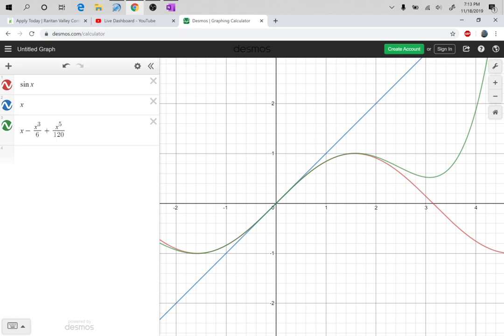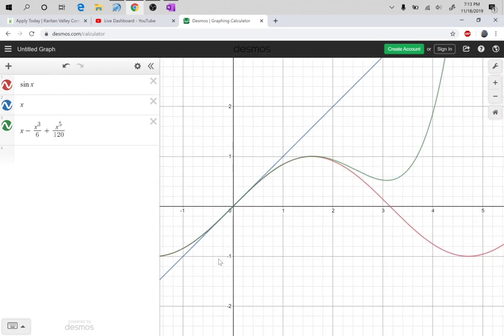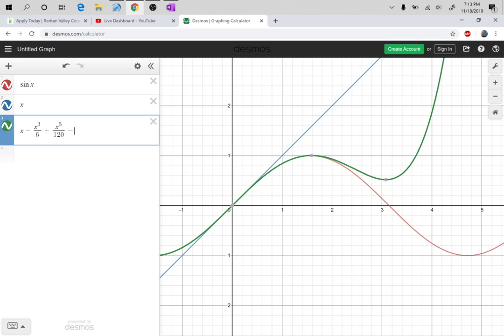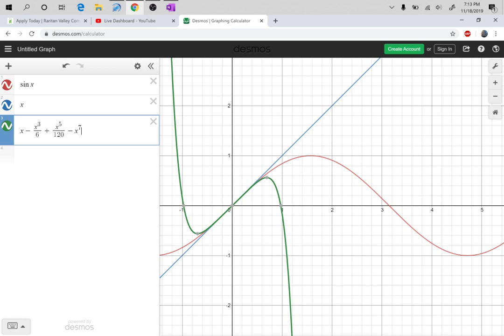I only used 3 terms, and I pretty much mapped the entire first quadrant from 0 to 90. Right? The 2 lines are almost on top of each other everywhere. If I add one more term, it will get better, and it will match it even further. So I'm going to go minus x to the 7 divided by 7 factorial.